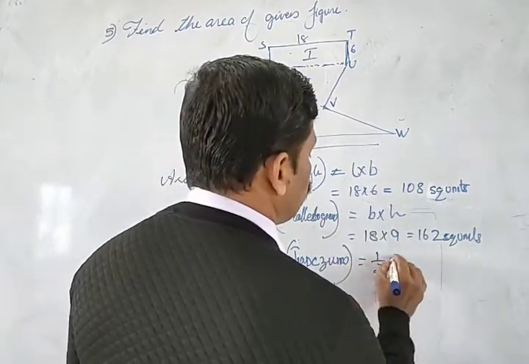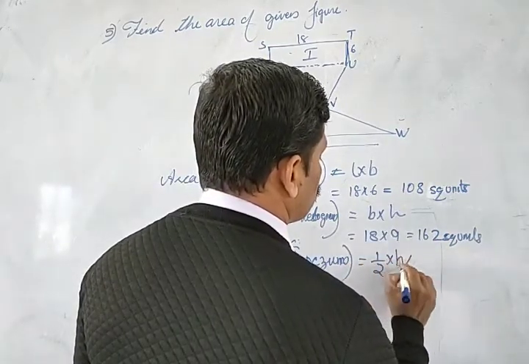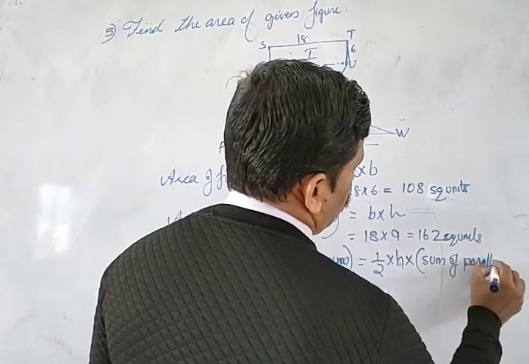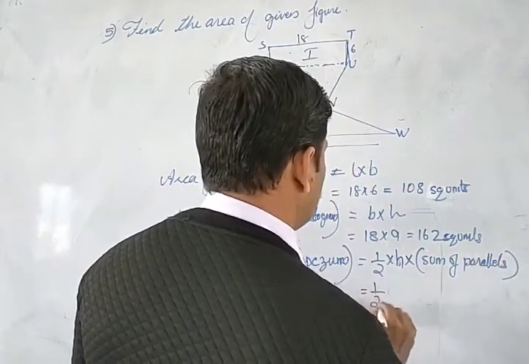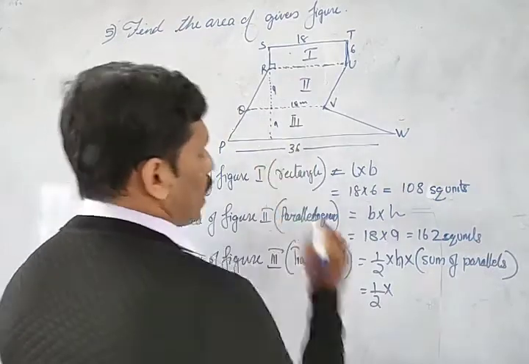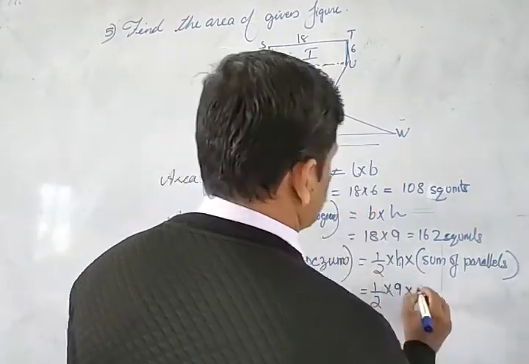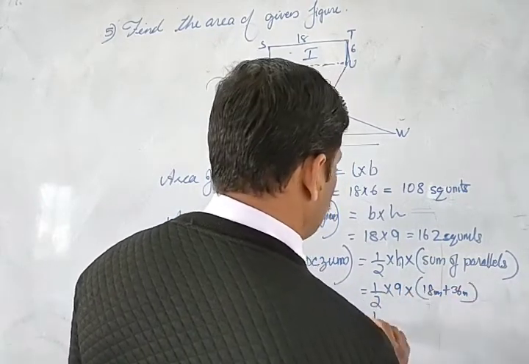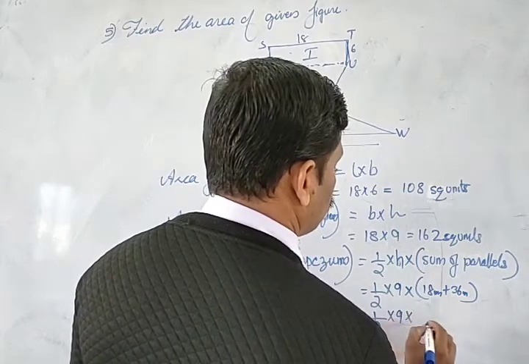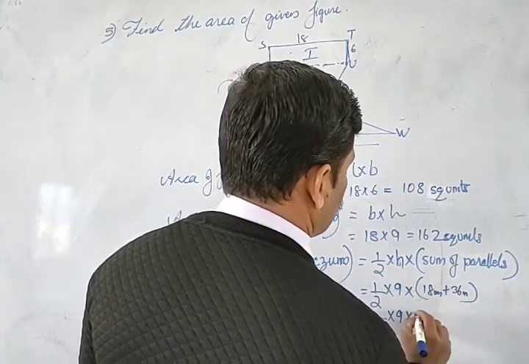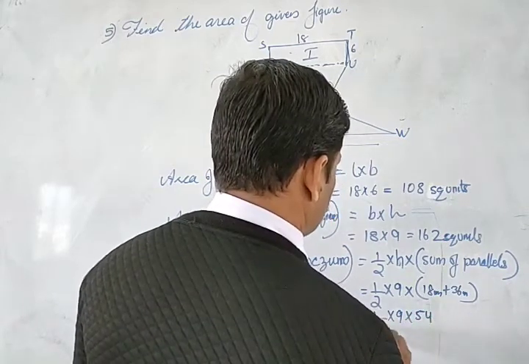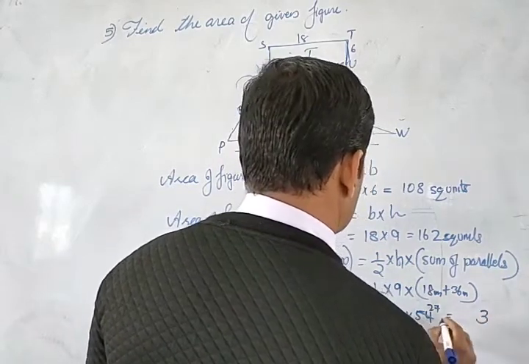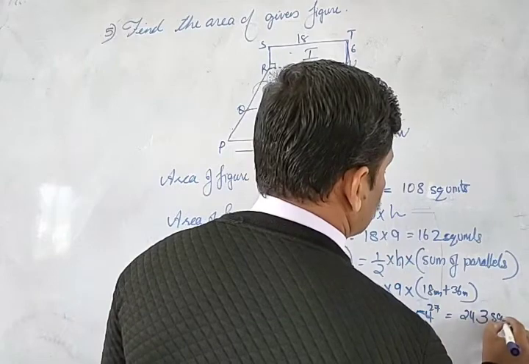Its area is half into height into sum of the parallel sides. That means half into height, this height is 9, into sum of parallel sides, 18 plus 36. That is equal to half into 9 into 54. That is equal to 27, if we cut, we get 27 into 9, that is 243 square units.